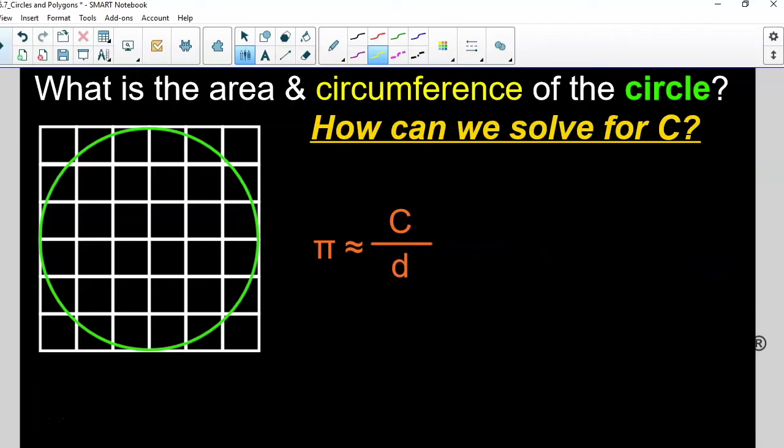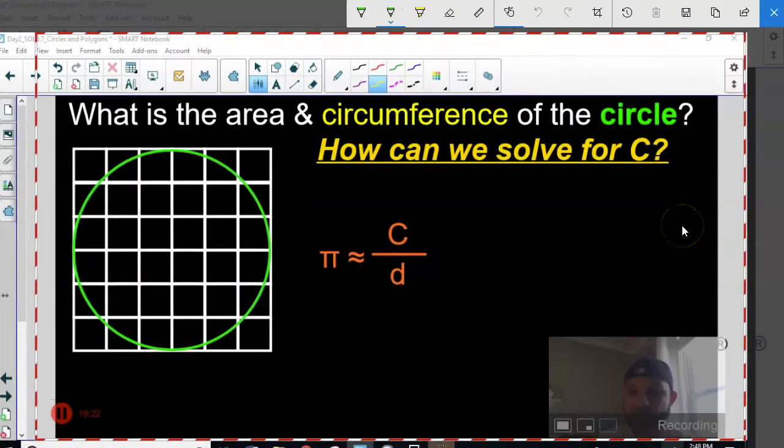Now, how can we solve for circumference? Well, pi is equal to the circumference divided by the diameter. If I were to solve for the circumference, I want to isolate the C all by itself. I've got to use inverse operations.